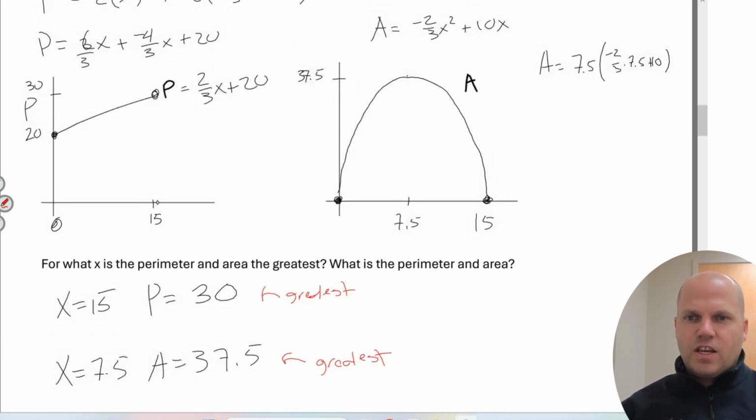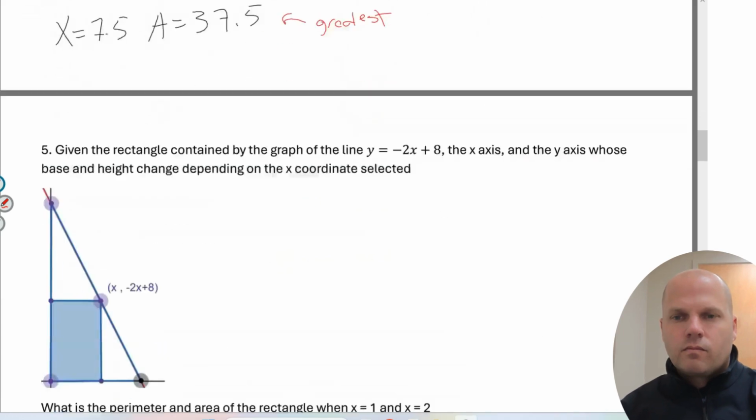Now, when x is 15, we get this idea of a long rectangle with no height, but don't worry about it. The perimeter will always increase. Go ahead and say 15, even though the rectangle doesn't exist. We're going to be approaching 15.